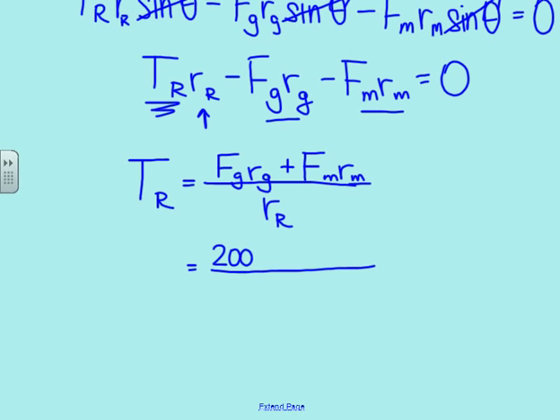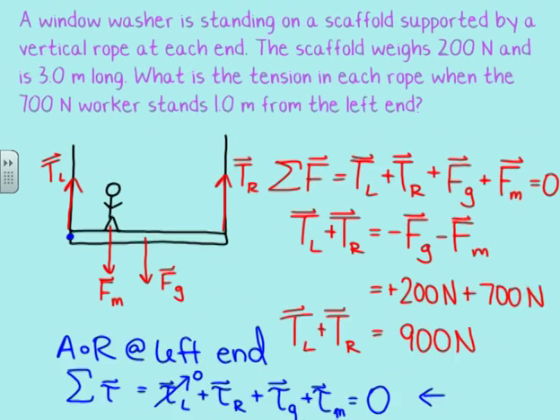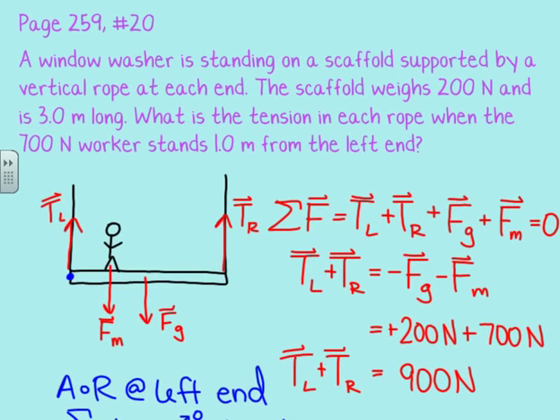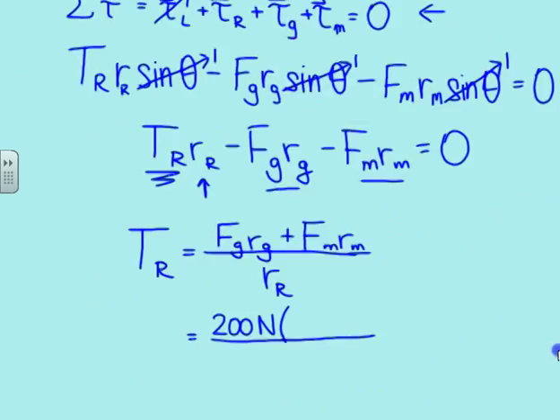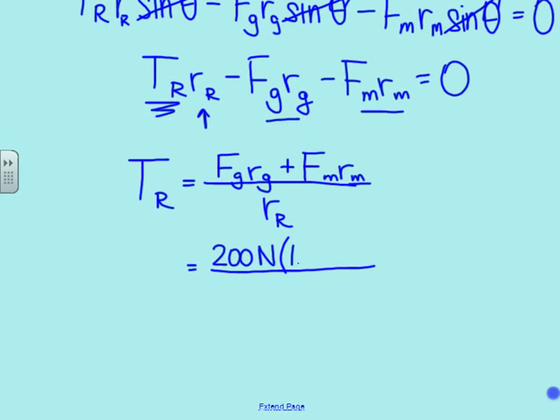Fg is 200 newtons. The radius for the force of gravity is halfway through the scaffold. The scaffold is 3 meters long, therefore the radius is 1.5 meters. We know the force of the man is 700 newtons, and it tells me that he is standing 1 meter from the left end.